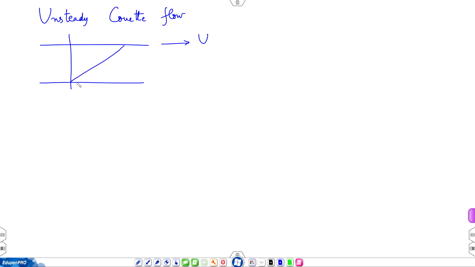So, this solid line is a linear variation in velocity which is attained under steady conditions.